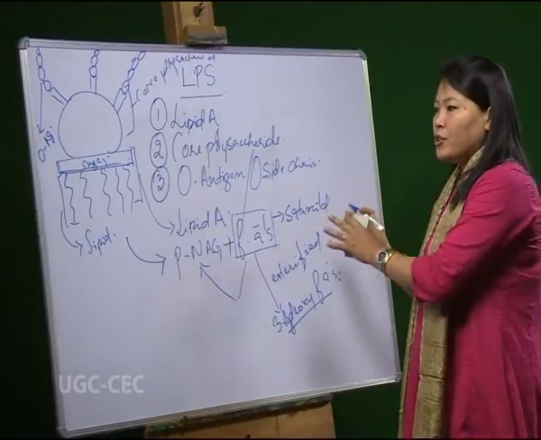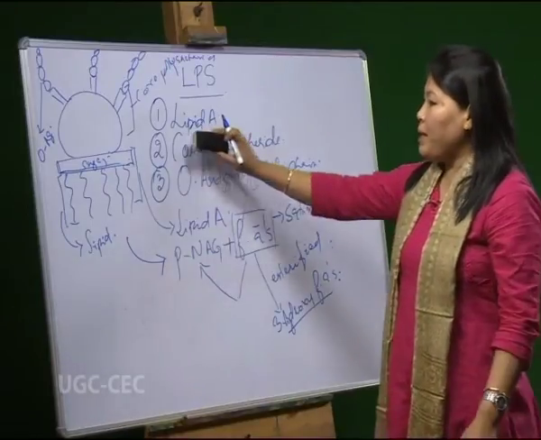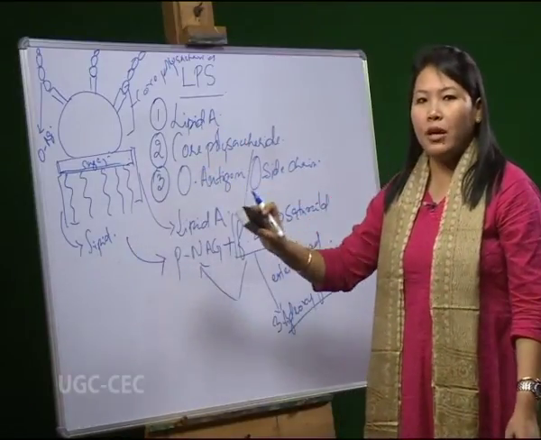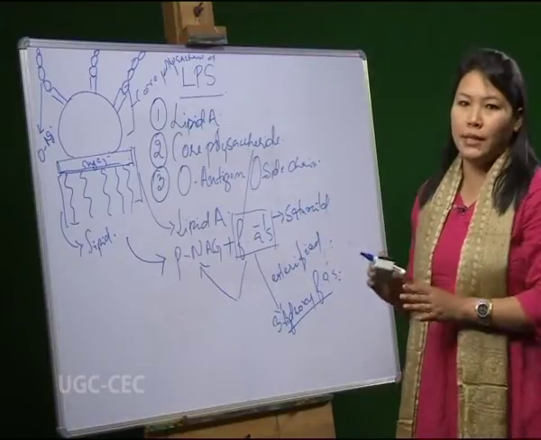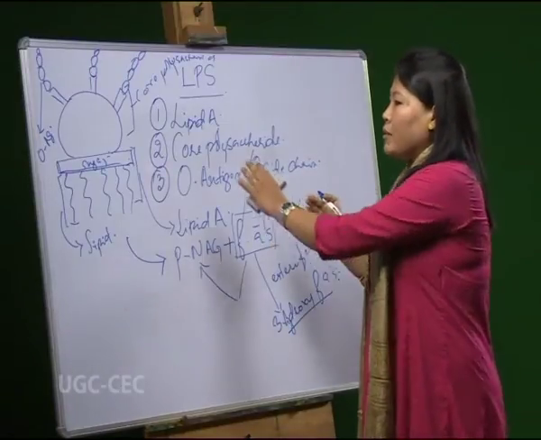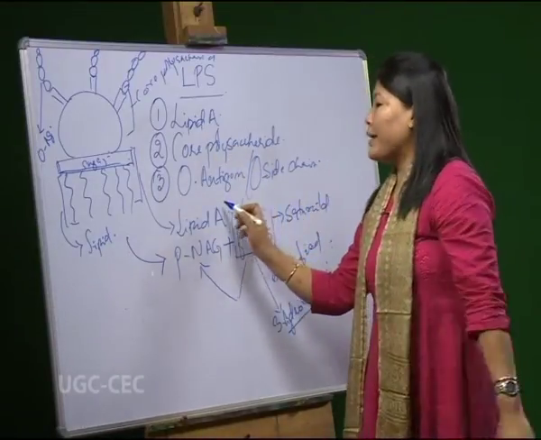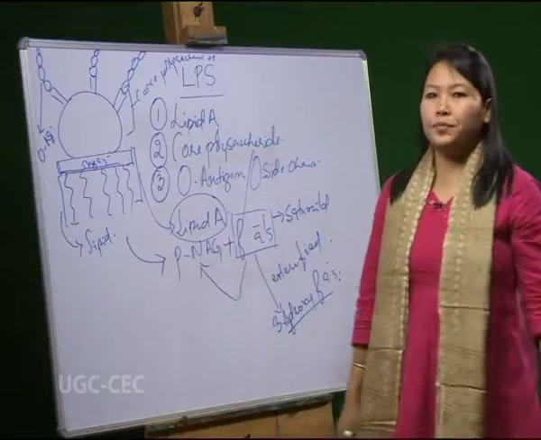The biological function of lipid A is that it plays a very important role in pathogenesis. That is, the toxicity of the lipopolysaccharide generally is conferred by this lipid A portion.